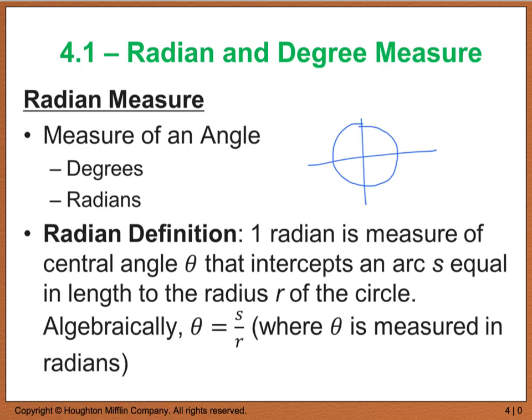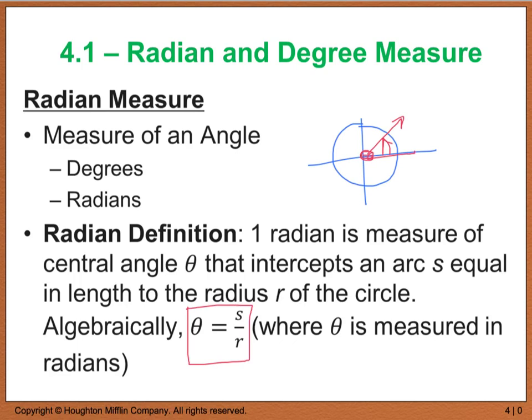So if I draw an angle like this, my central angle would be something like that. So the central angle intercepts an arc S that is equal in length to the radius of the circle. And we're given this relationship as theta equals S divided by R, where theta is always measured in radians.